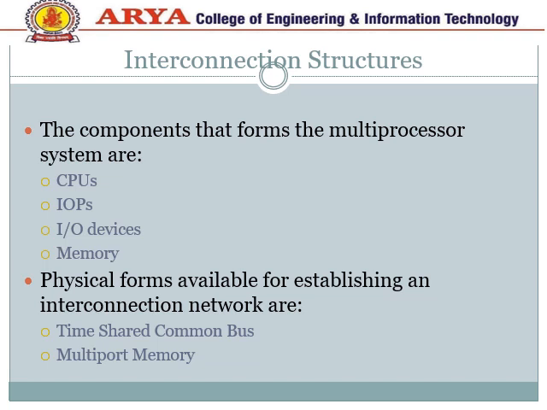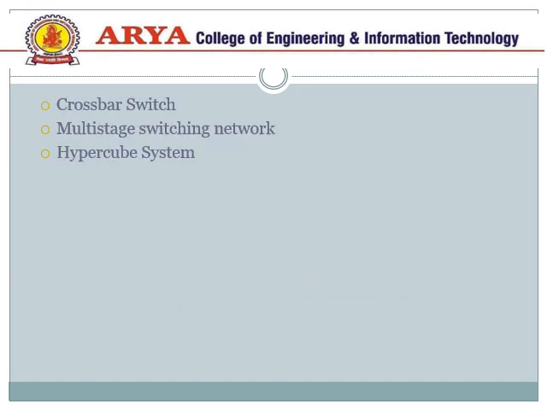Physical forms available for establishing an interconnection network are time-shared common bus, multiport memory, crossbar switches, multistage switching network, and hypercube system.